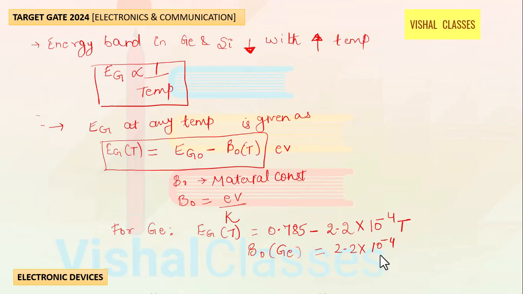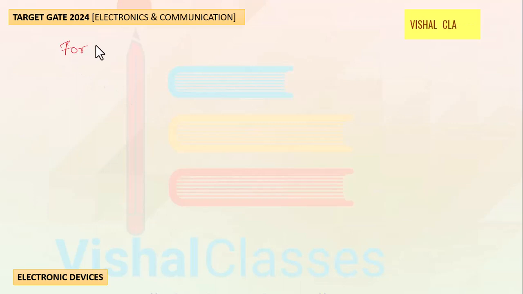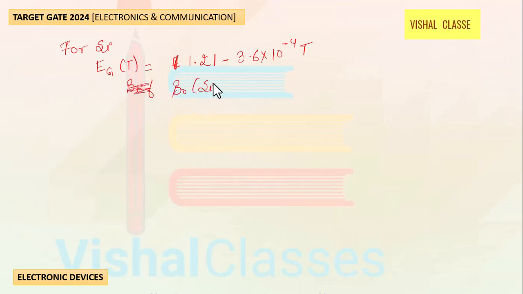For silicon, Eg at temperature T is energy band gap at temperature 0 Kelvin, 1.21 minus 3.6 into 10 raised to power minus 4 T. Okay, beta node for silicon is given as 3.6 into 10 raised to power minus 4. Okay.